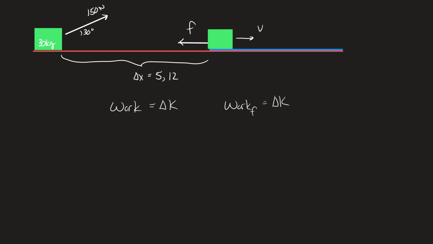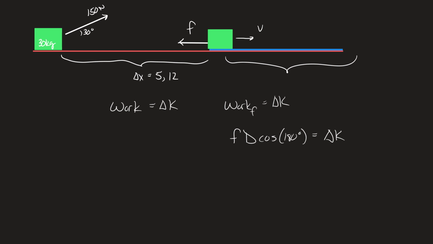All good so far? All right. The work done by friction is going to be friction times some distance. I don't know how far the box will slide being brought to rest. Okay? Times the cosine of 180 degrees. But that's also going to have to equal the change in kinetic energy.